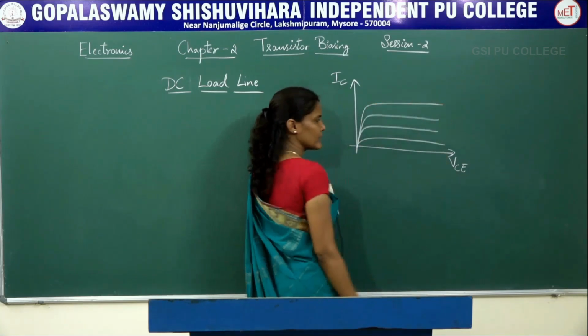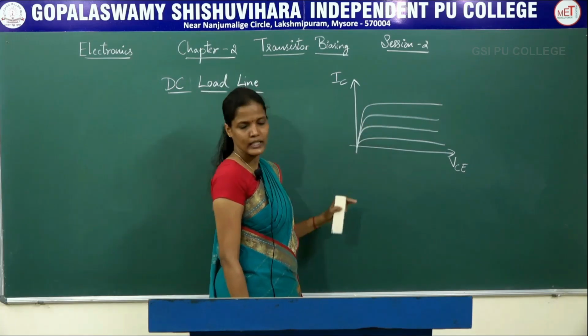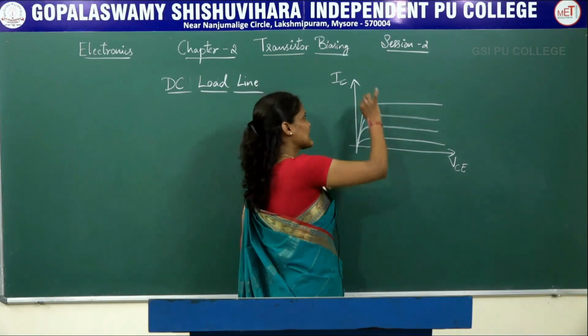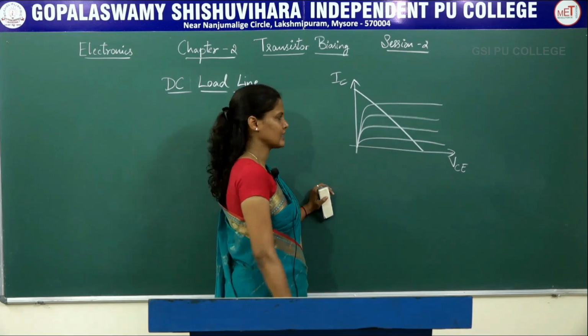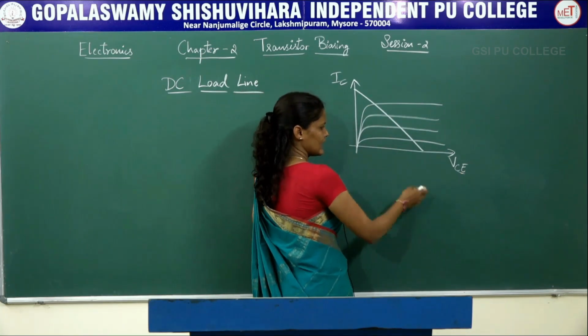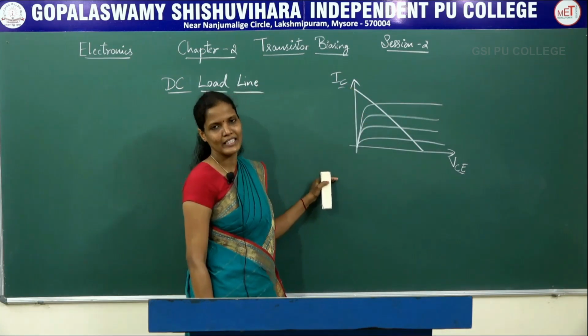In the last session itself, I told you what output characteristics is. So output characteristics will be like this. So DC load line is nothing but a straight line drawn on the output characteristics representing output DC voltage VCE and output current IC under no signal condition.